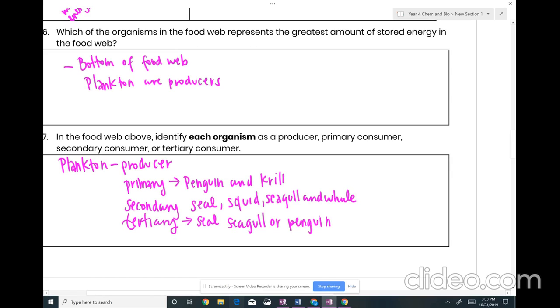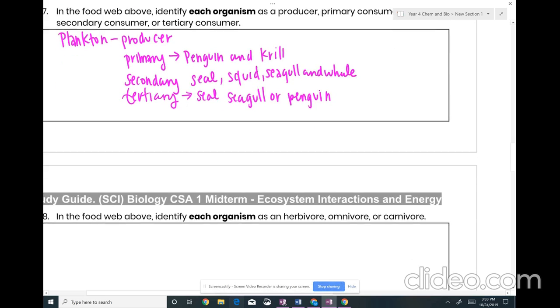And again, what you guys will notice is depending on what food chain you're following, you can fit more than one category, and that's okay. If you fit more than one category, it happens, right? And it shouldn't be something that you guys are worried about.